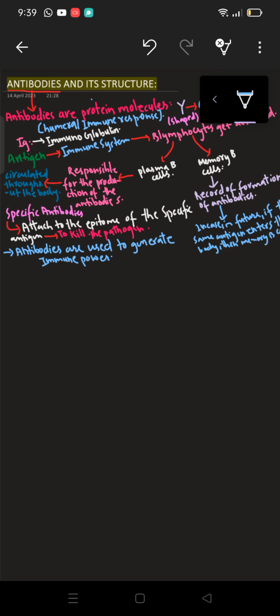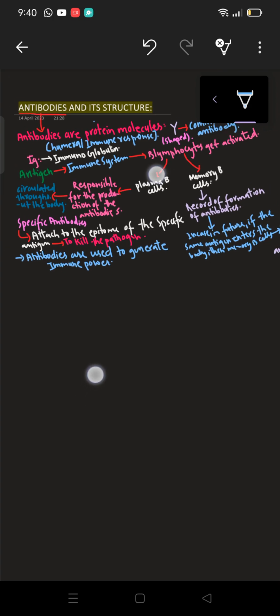But if in the future that same antigen enters your body, memory B cells already have the record of production of those antibodies to the specific antigen. Then memory B cells would be converted into plasma B cells, and plasma B cells again will start producing the antibodies, and those antibodies will again be circulated throughout the body. So this is how the mechanism of antibodies works.